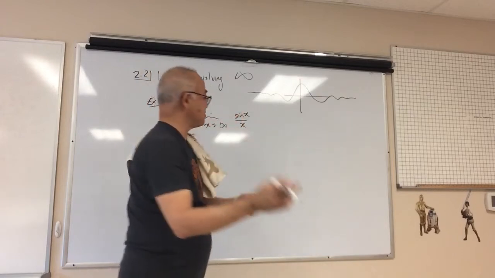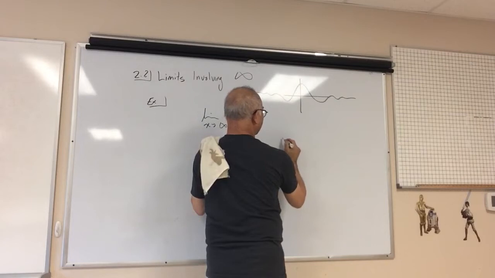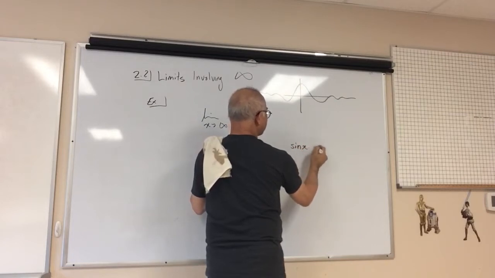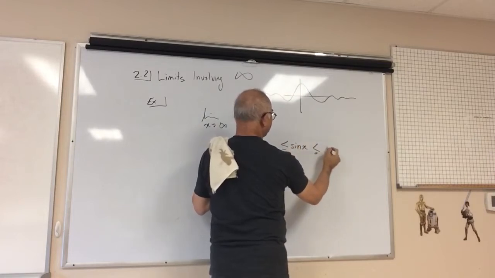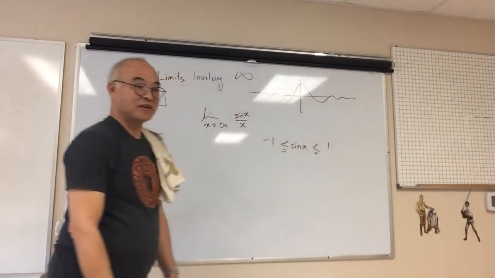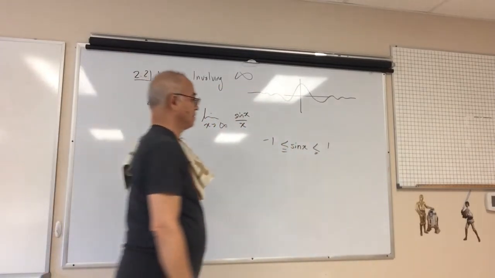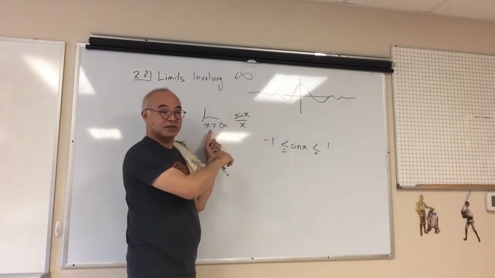Let's look at why that happens. I have sine x between 1 and negative 1. When x goes to infinity, x is a positive number, correct?